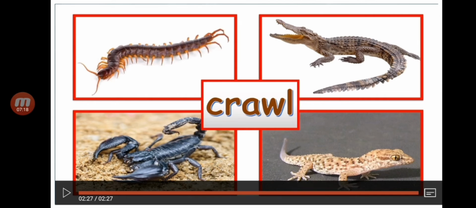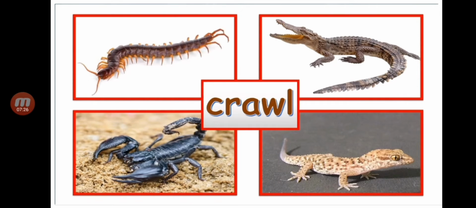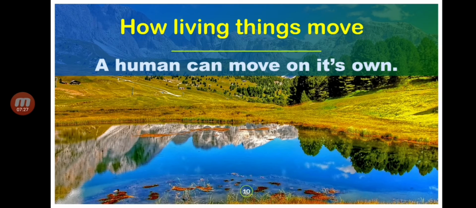Now let's proceed to another slide. Okay, the next one is how living things move. Another example here, a human can move on its own. You know what is human? When we say human, that is us, people.